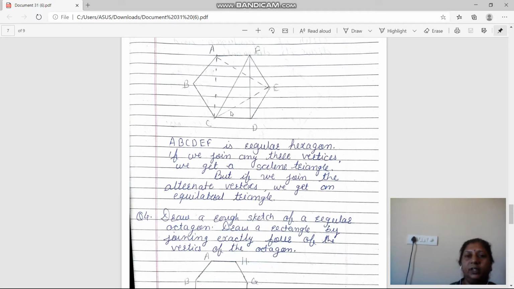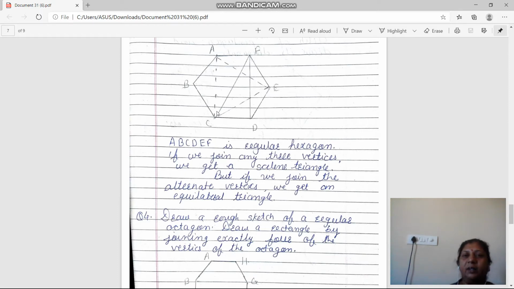Now think about this dotted triangle. I have joined the alternate vertices here, C, A and E, with dotted lines, right? C, A and E. Get it? So this is the triangle. Which type of triangle is it?